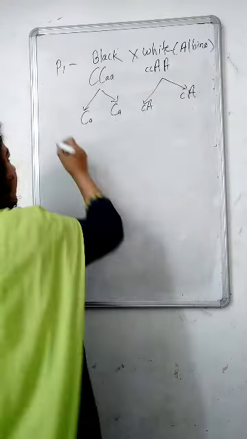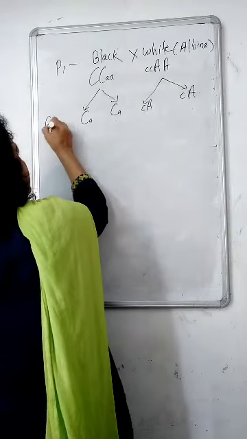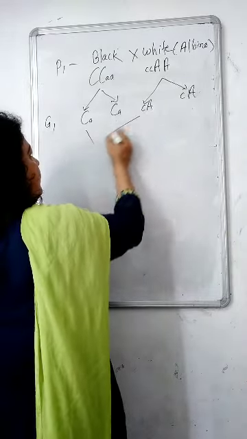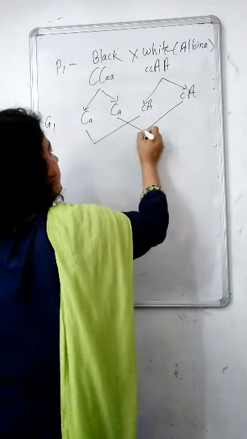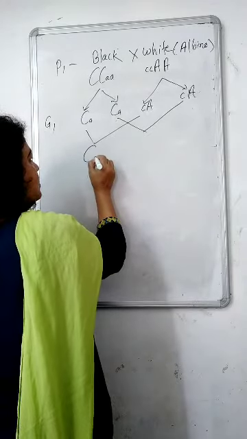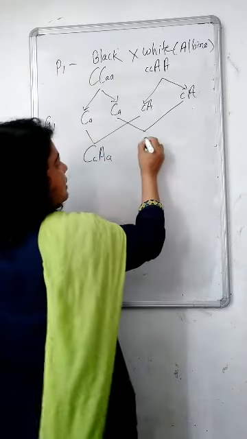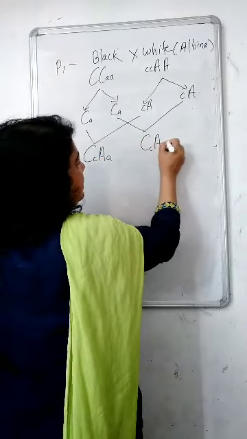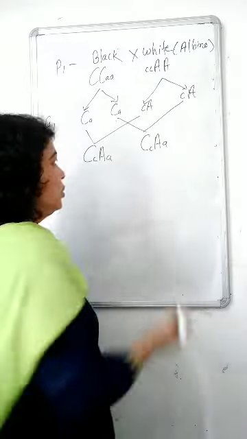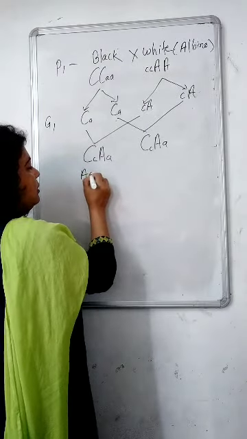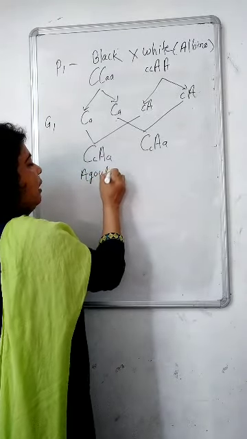Then it is the F1. After fertilization, they produce capital C, small c, capital A, small a. So it shows the phenotype agouti.